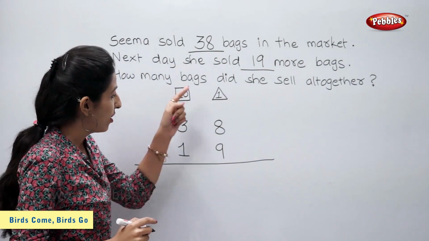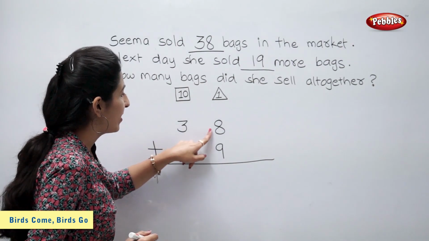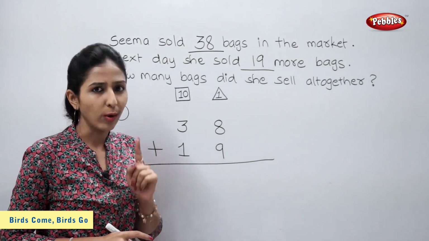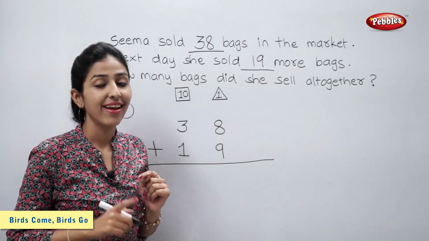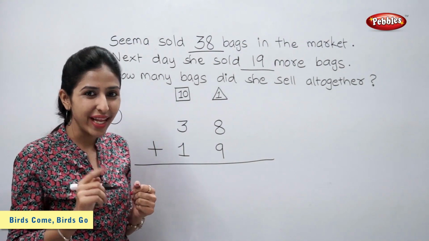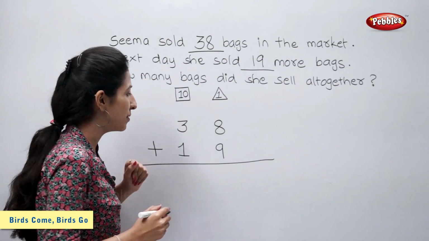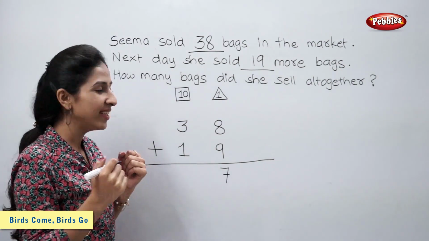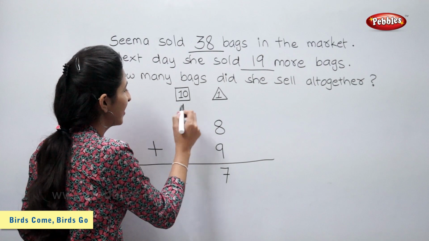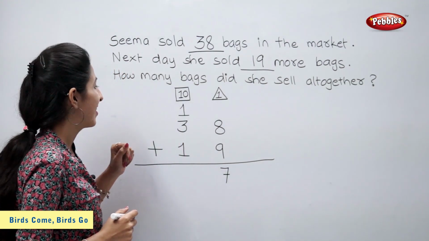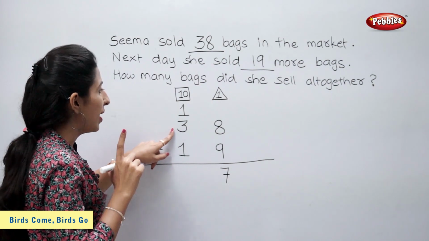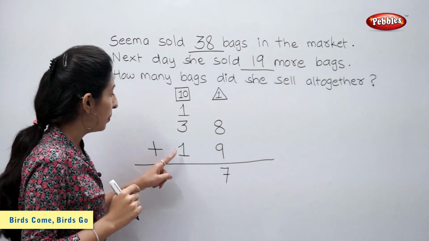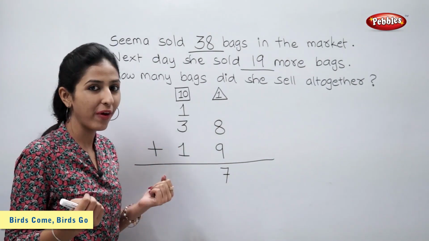Let us first add ones. 8 plus 9 is equal to 17. Now 17 means 1 tens and 7 ones. So let's write 7 in the ones column. 1 tens carry forward. Now tens. 1 plus 3 is equal to 4 and 4 plus 1 is equal to 5.